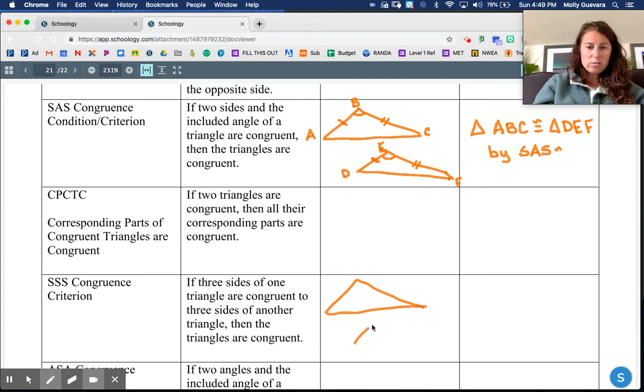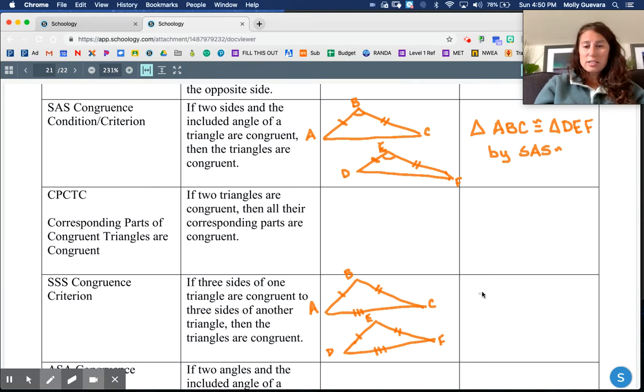If I have two triangles, I'm going to draw two triangles, and I'm going to call this one ABC again, and DEF. The side side side condition just tells me that if I know that AB and DE are equal, and BC and EF are equal, and AC and DF are equal, so if I know all three sides, then I can say that these two triangles are congruent.